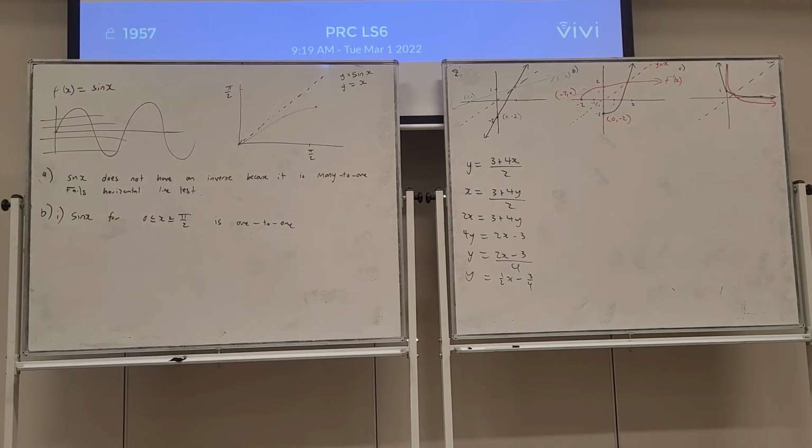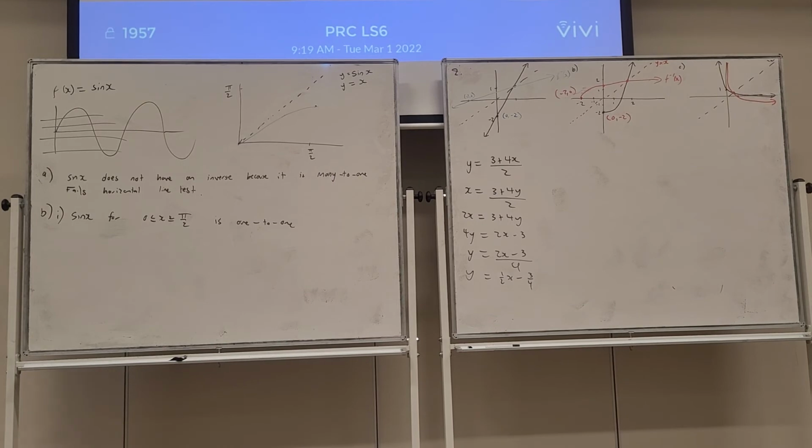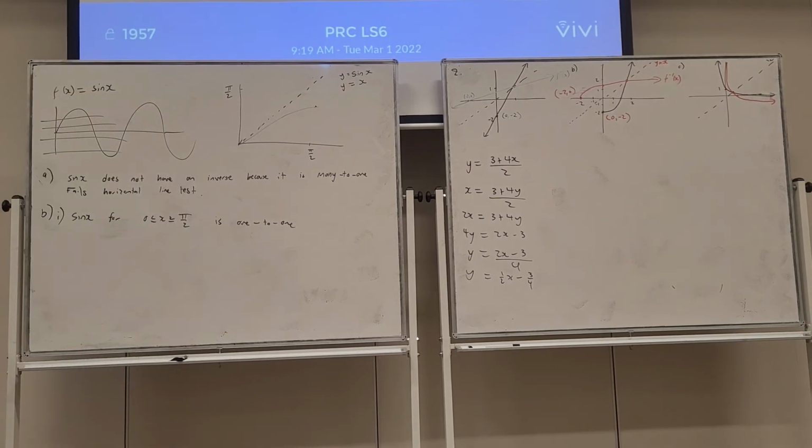So there's the function. We should be able to do that. And you can sketch the inverse by looking at it, but there's another procedure we can use, which is cool.